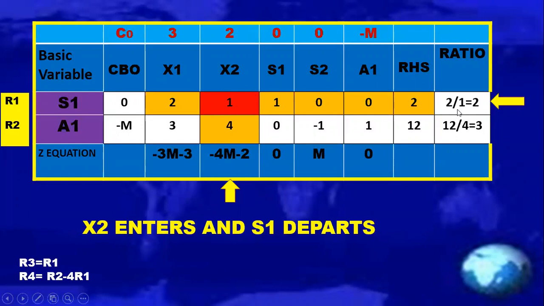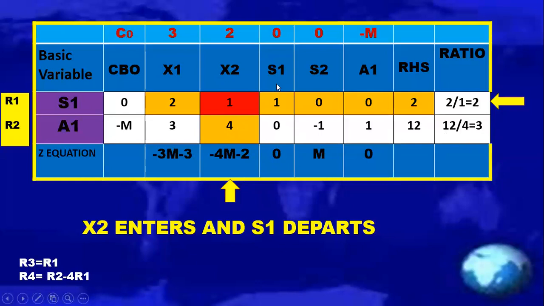So get the ratio. How do you get it? Constant divided by the respective element in the key column. So it is 2 by 1 is 2 and 12 by 4 is 3. Among the ratios, you have to select the least positive ratio, not 0, not negative.